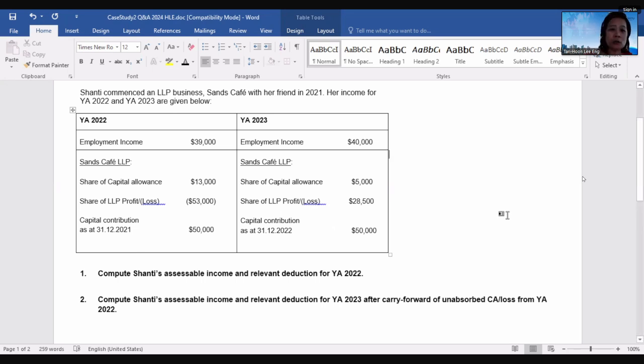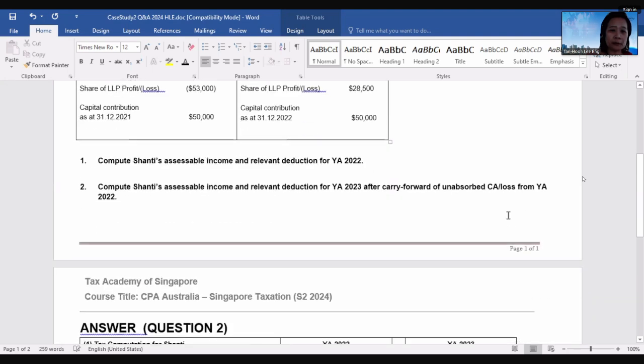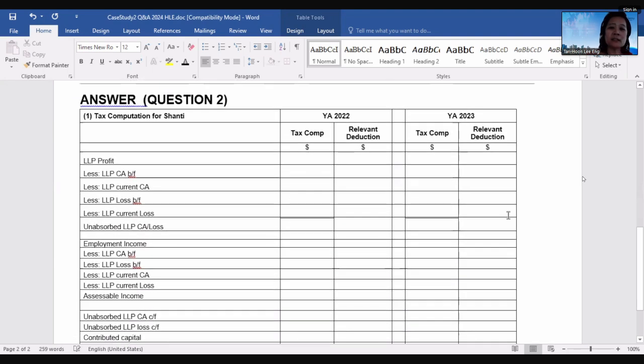Take a look at YA 2022. You'll notice that the look is a bit different. It's because there's a second year, YA 2023, with a profit. So when we talk about offsetting the losses and the CA, it is only against other sources of income, and the relevant deduction also applies against other sources of income.